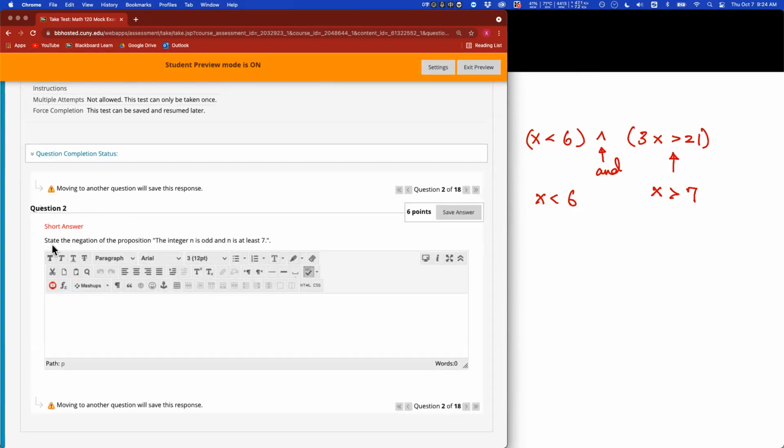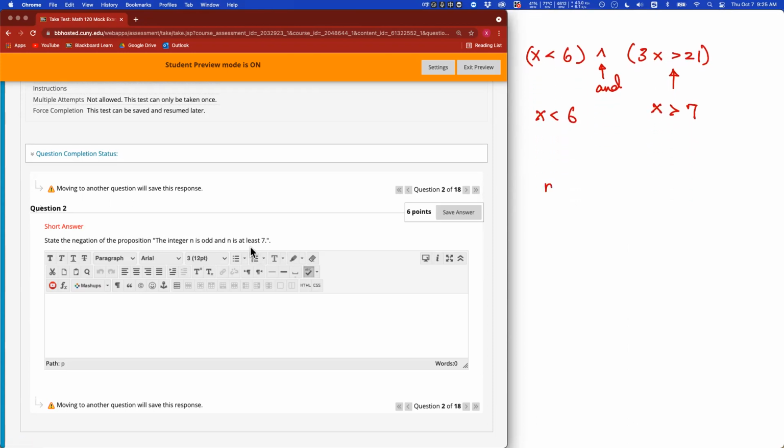Okay. Now, this question asks you to state the negation of the proposition: the integer n is odd, and n is at least 7. So you want to negate the statement. If you look at this statement, it has 2 parts.